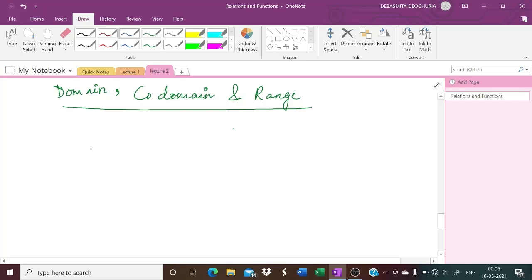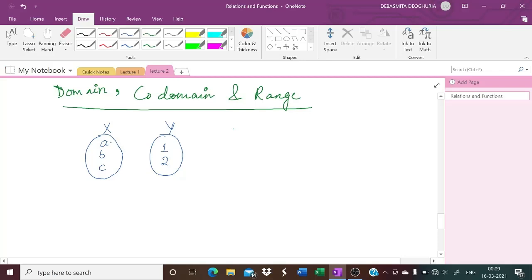Suppose I have a set. Let me represent this like this: one set X and one set Y. Now I have elements in X like A, B, C, and in Y I have 1, 2.